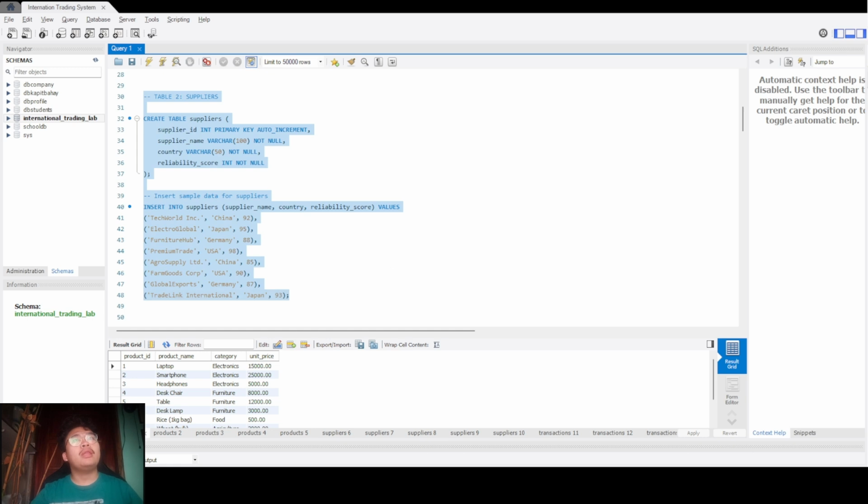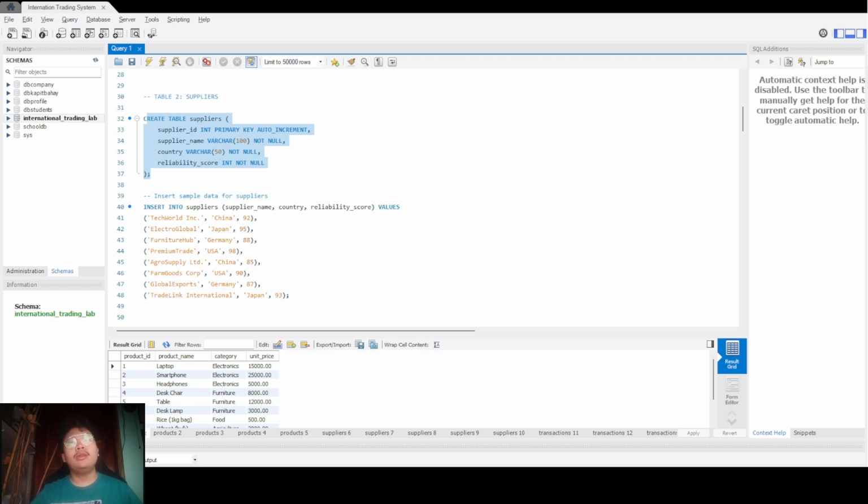The next one is table 2, suppliers. The suppliers table has information about the companies that provide products, and it has four columns. The first one is the supplier ID, a number that uniquely identifies each supplier. Then the supplier name, the name of the supplier company.